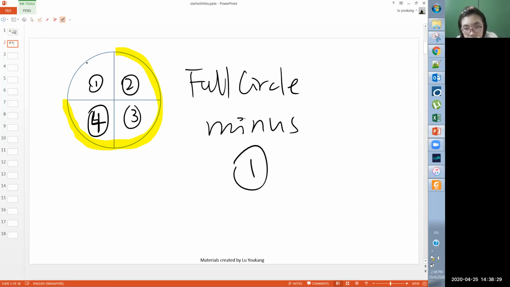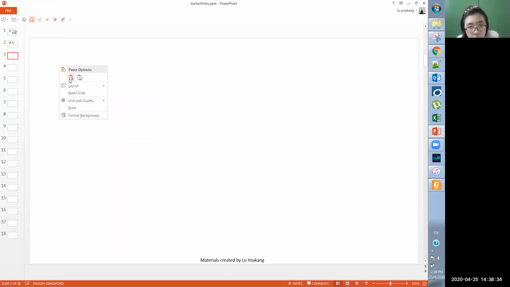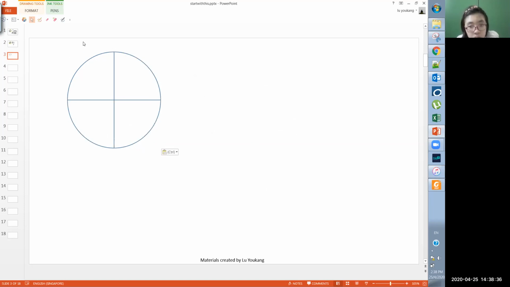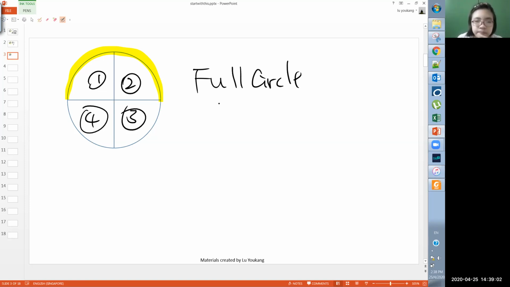So how do you find this one? One, two, three, 4. Then how do you find this one? You need to take the full circle and then divide by 2. Very good.